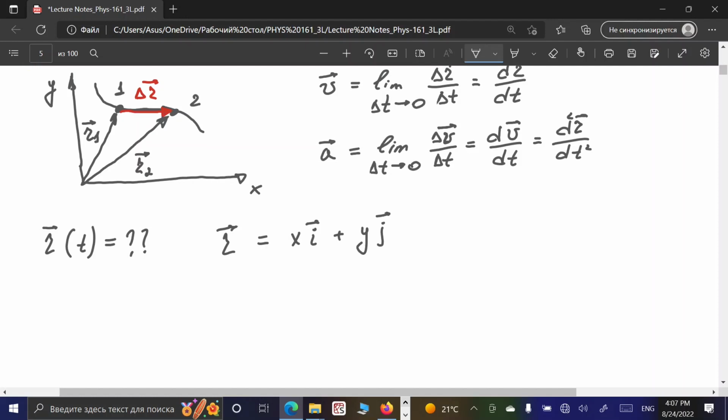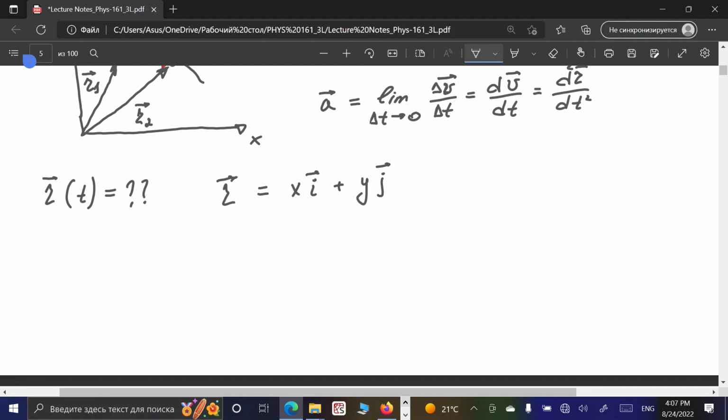Now, in the same manner, we can proceed further with the definition of velocity vectors and acceleration vectors. So, for instance, for the velocity vector, we know that it is the first derivative of the position vector over time, and that is dx over dt times i unit vector plus dy over dt times j unit vector.